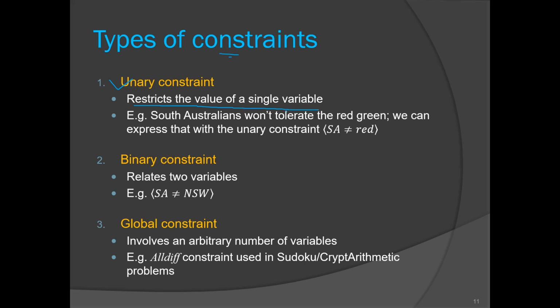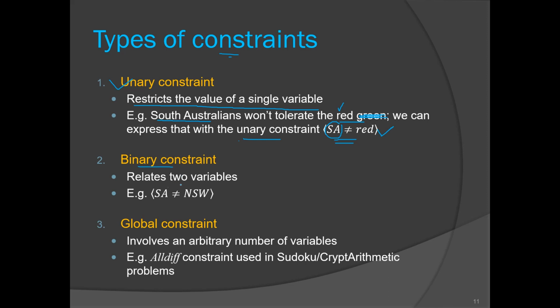We have not seen any example of a unary constraint till now, but consider our map coloring problem: if South Australian people don't tolerate red color, that means we cannot assign red color to the South Australia state. We can express that unary constraint as SA not equal to red. Here only one variable is involved, so this constraint is known as a unary constraint.